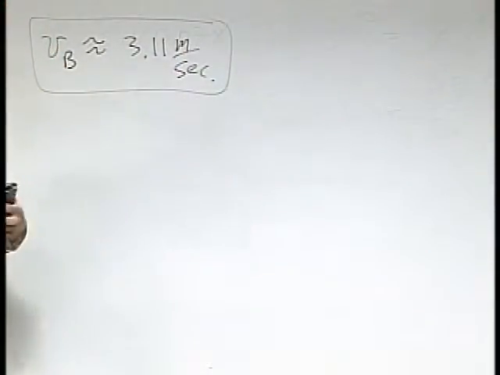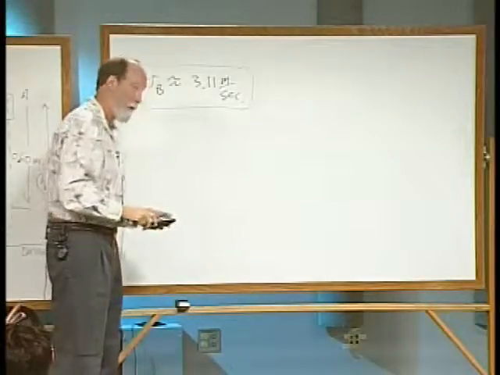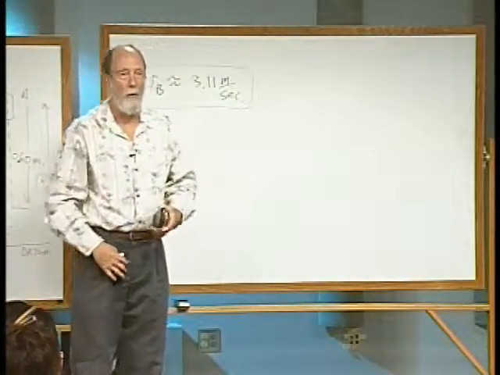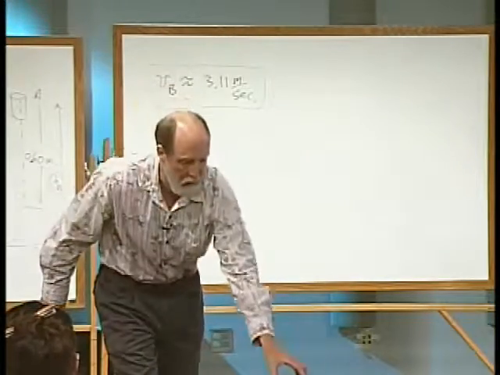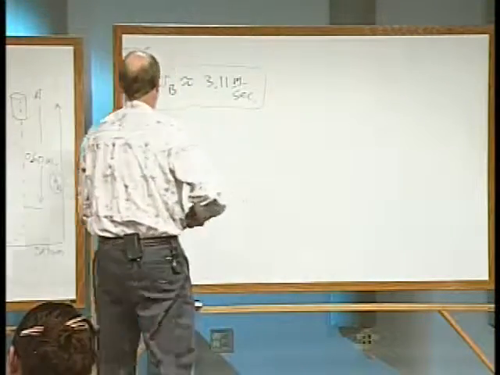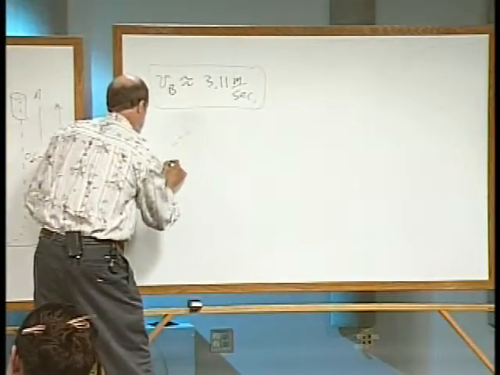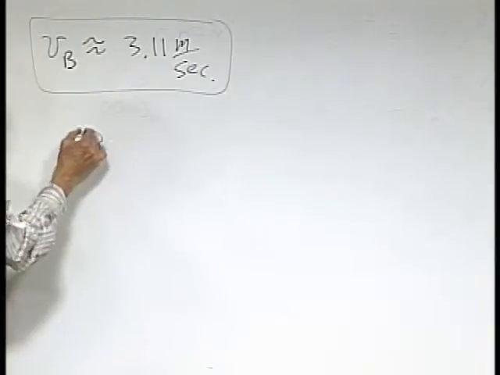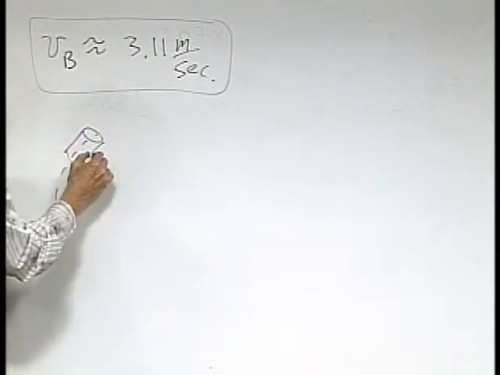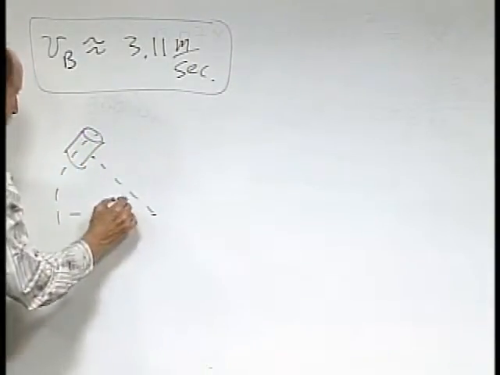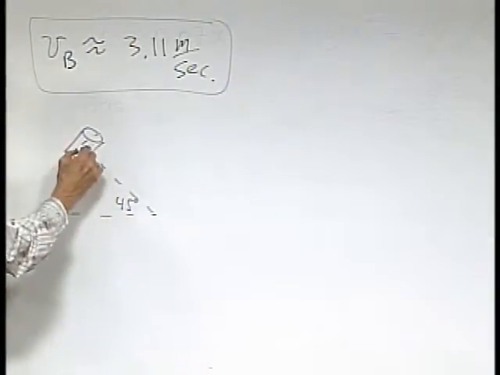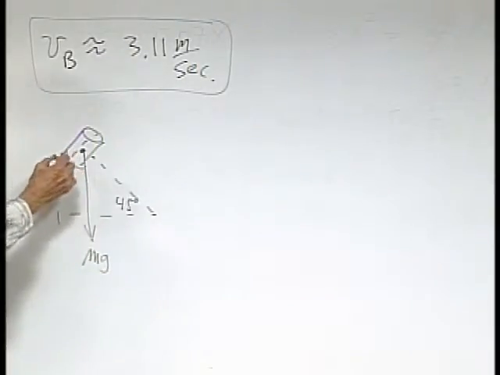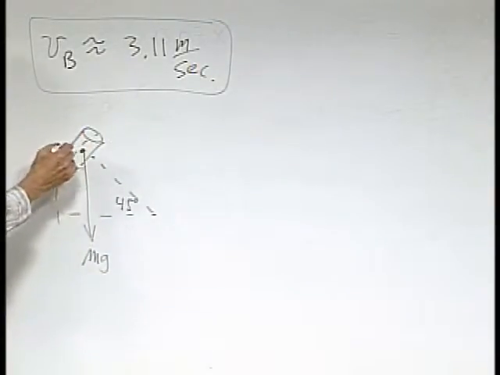Now, that's not what the question asked. The question asked us to find what? Normal force. The normal force. So at B, what we need to do is draw a picture at B: mg, no friction, and the wire.